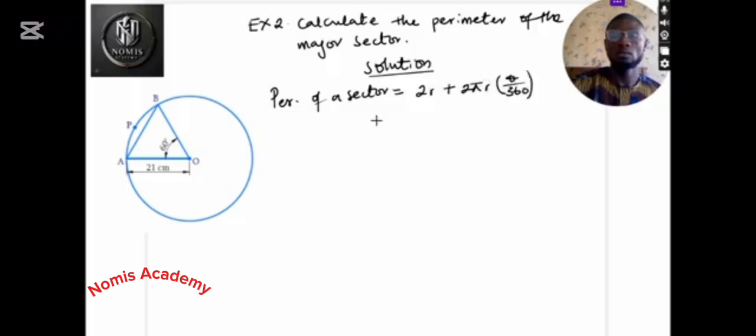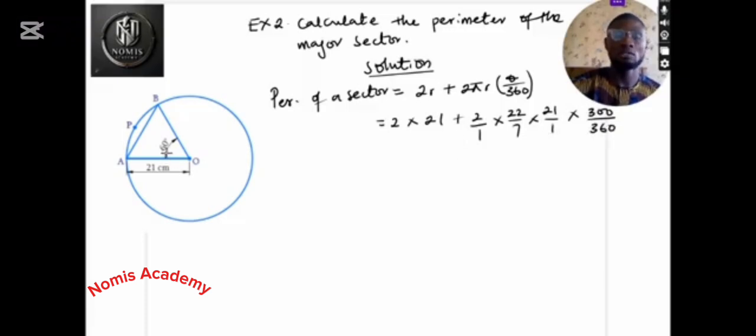So we can take 2 multiply by the radius, 21 centimeters, plus 2 over 1 multiply by 22 over 7 multiply by 21 over 1, now multiply by 300 over 360. How did I get 300?